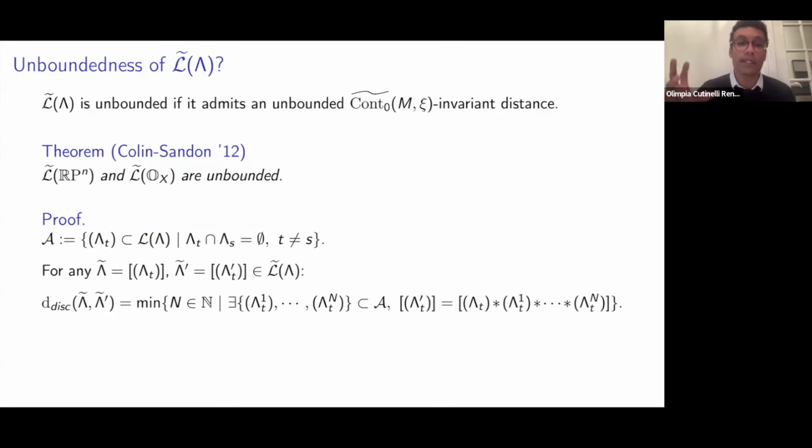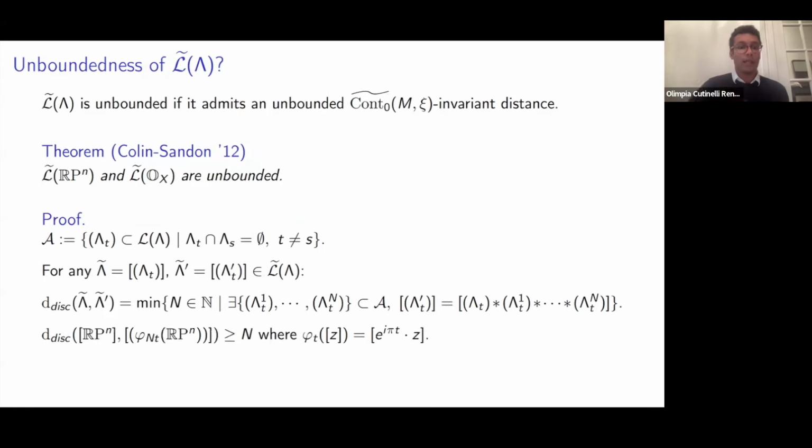So in some sense, what this distance counts is Legendrian intersections, the Legendrian intersections we cannot get rid of. If these distances are unbounded, it means that we cannot get rid of a lot of Legendrian intersections. This is the rigidity it captures.